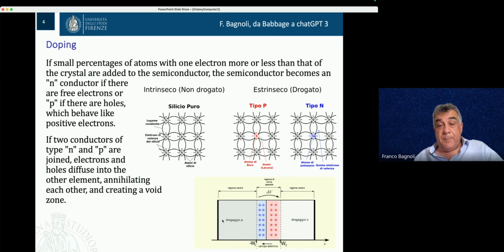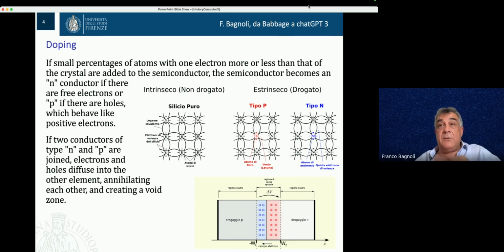In this p-doped semiconductor, you have an excess, so you have a lot of free positive charges that tend to diffuse into the n-type semiconductor. And the opposite thing happens in the reverse direction.